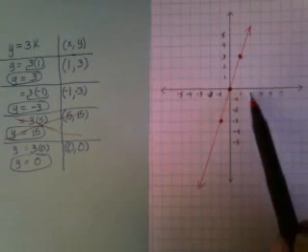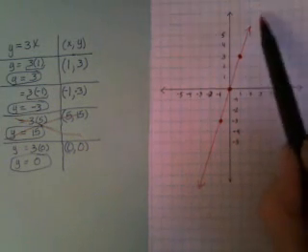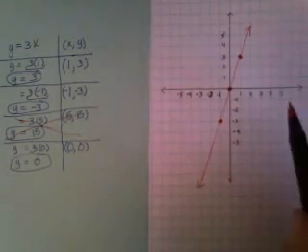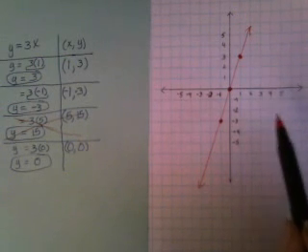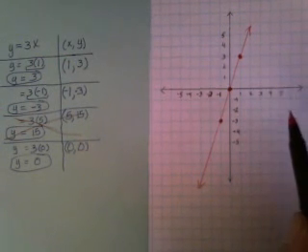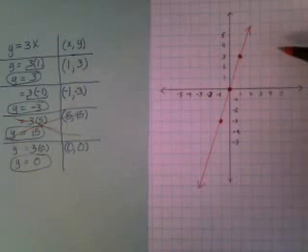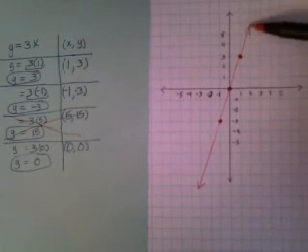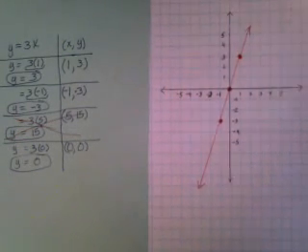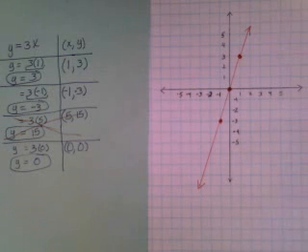And so you could plot these points forever, choosing an x and finding a y, or choosing a y and finding the x that goes with it, either way. And all of them will graph on this straight line. And it will go on forever in both directions in the same way that our number line does.